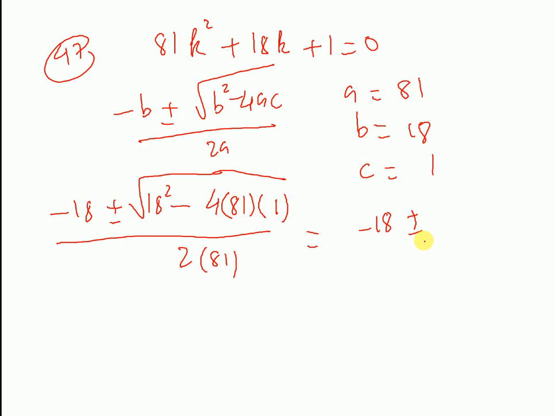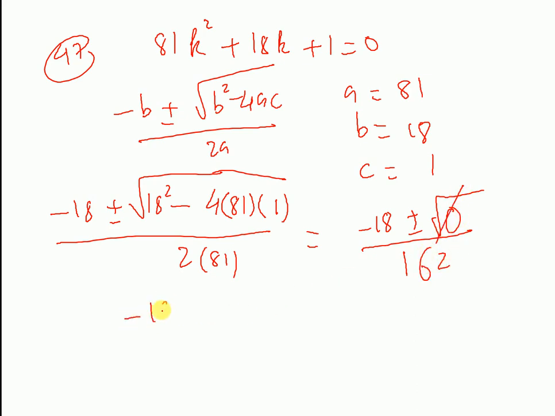Let me simplify the stuff inside the radical. 4 times 81, that should be 0 again inside the radical, over 81 times 2, that's 162. So the radical is gone.